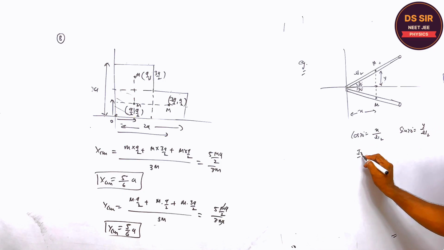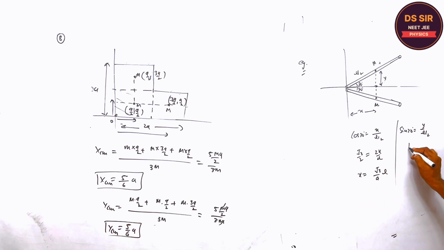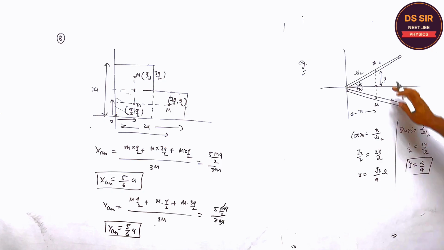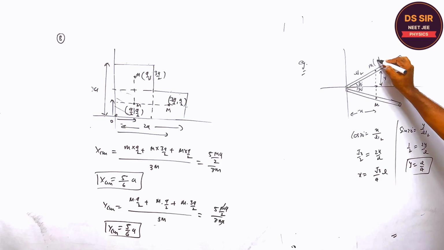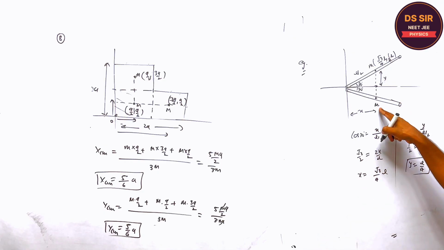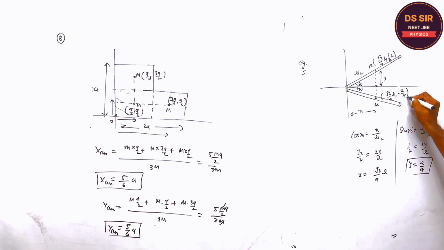So root 3 by 2 is equal to 2x upon L, so x is equal to root 3 upon 4 L, and 1 by 2 is 2y upon L, so y is equal to L by 4. So the coordinate of this is root 3 by 4 L and 1 by 4 L. In the same way, for the coordinate of this, the x coordinate will be the same, but the y coordinate will be just negative. Is it clear or not?